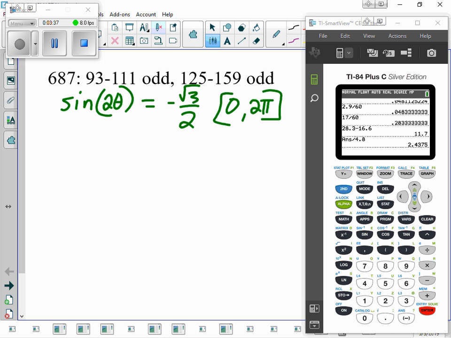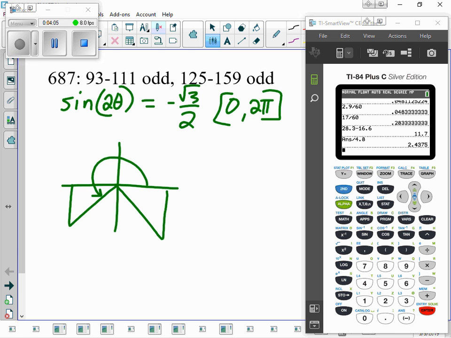Great. So, where is the sine equal to negative root 3 over 2? Which two quadrants? Would be 3 and 4. All right. So, what is that angle there?